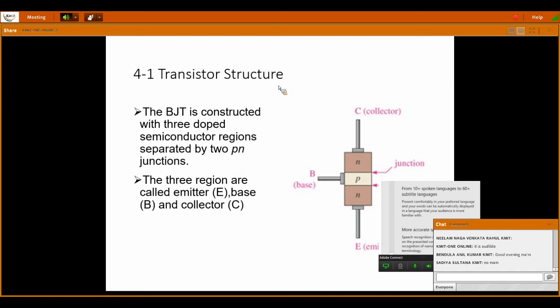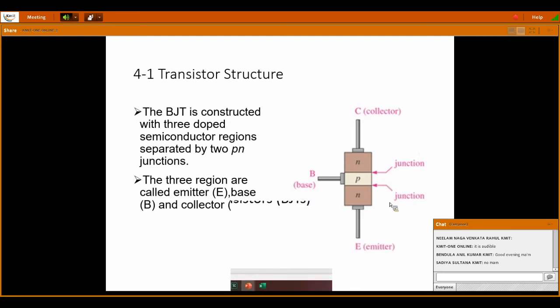Next, based on which type of material you utilize in the emitter, collector and base, we classify transistors into two types: NPN transistor and PNP transistor. We have two junctions, between emitter and base, and between collector and base. The emitter-base junction is the input junction and the collector-base junction is the output junction.